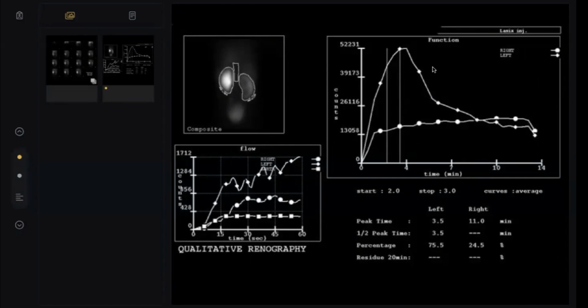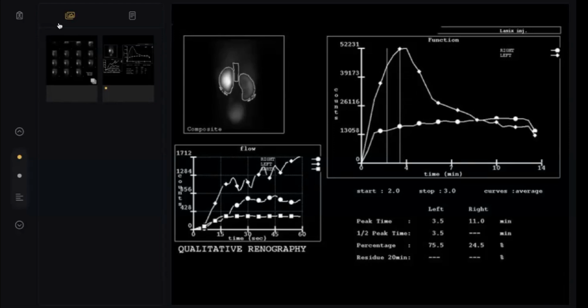If we give Lasix in mechanical obstruction, it will not affect the curve because it is a true obstruction. But in non-mechanical, like megaureter, like stasis, when you give Lasix, the curve improves dramatically. What is your next step?